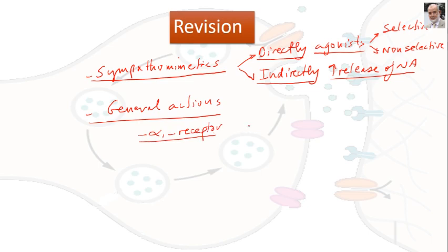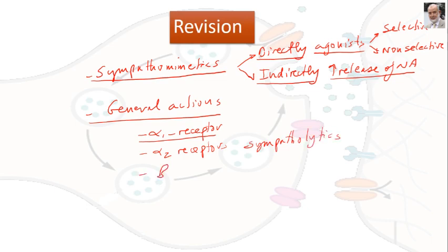We said that alpha-1 activation will always result in excitation except in the smooth muscles of the intestine. Alpha-2 receptor agonists, on the other hand, are inhibitory in nature and therefore they are sympatholytics. They are not sympathomimetics.